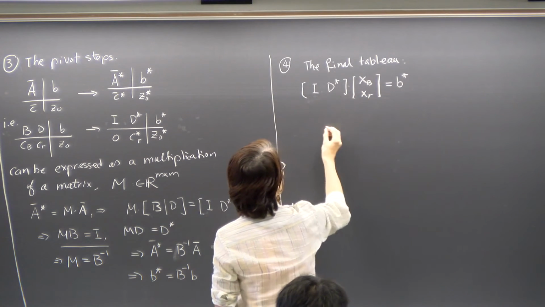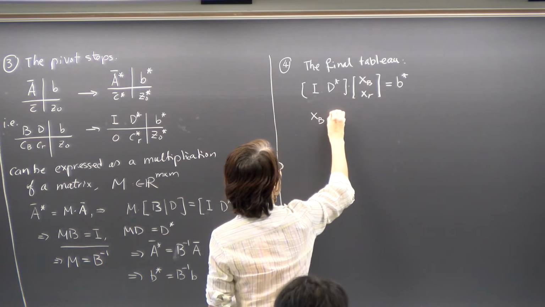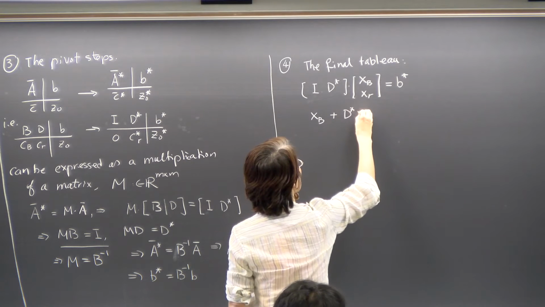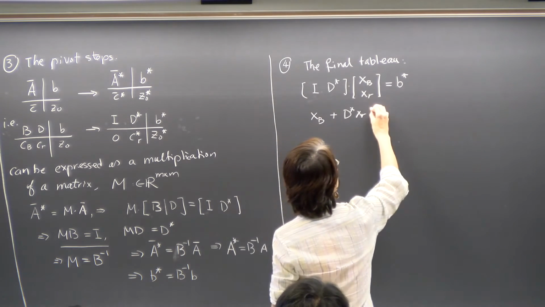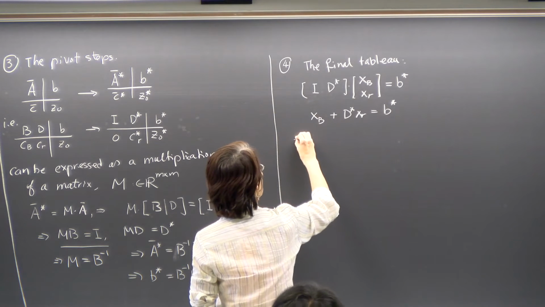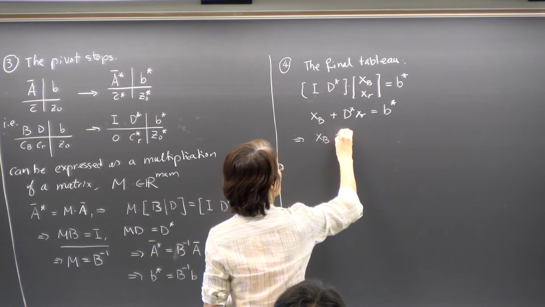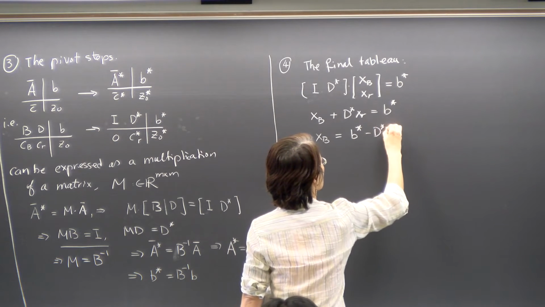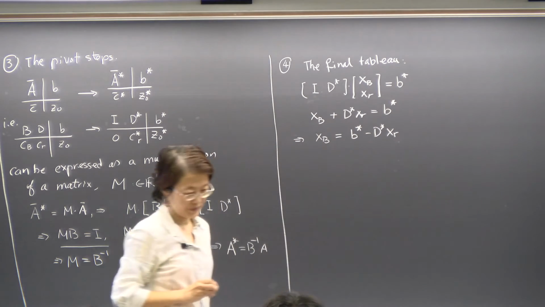I times xb simply is xb plus d times xr. That's something, and equals b star. So I can express the basic variable in terms of the other. Is that okay?